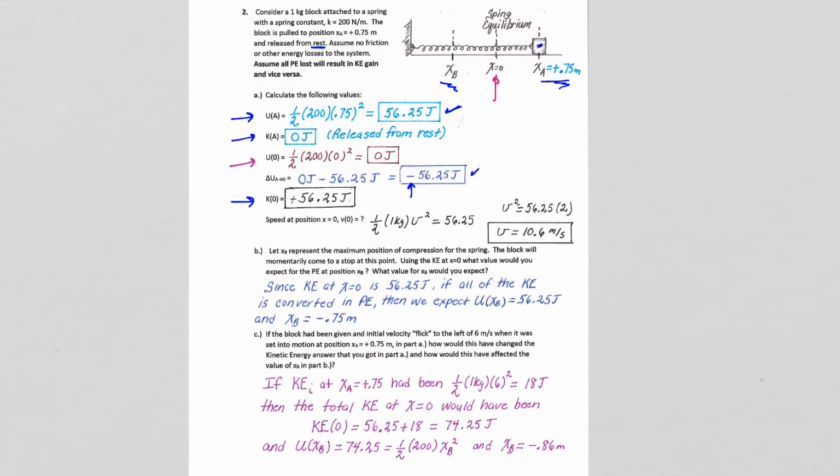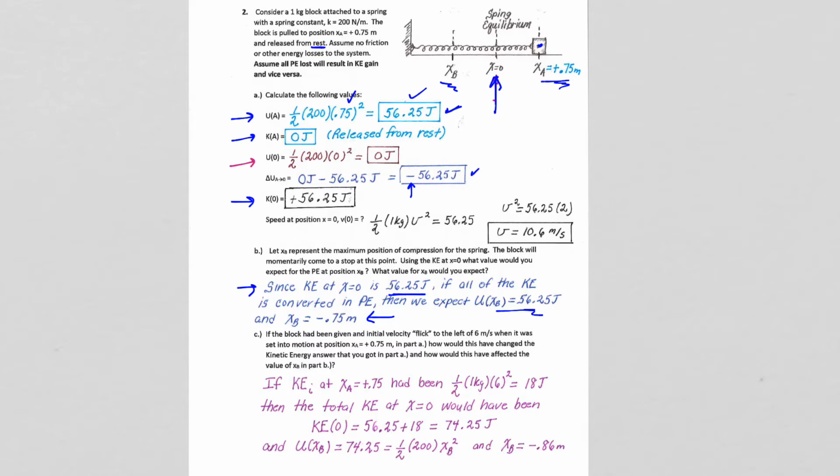The kinetic energy at position 0 was the total conversion of the potential energy, the 56.25. We would expect all of that kinetic energy to be converted back into potential energy and to have the object be at position negative 0.75. That is the value we would get if we plugged in the 56.25 for the potential energy.